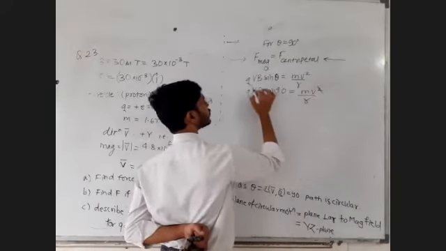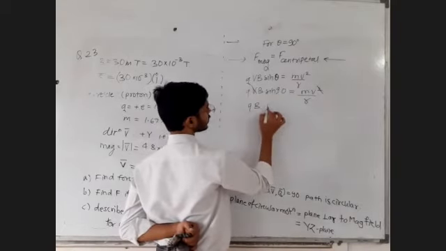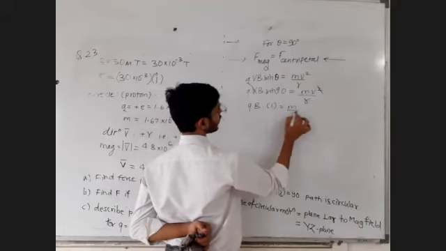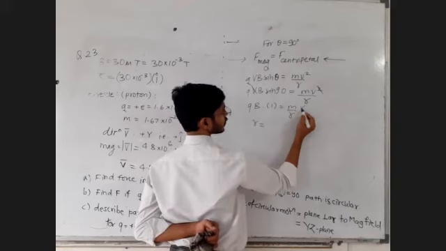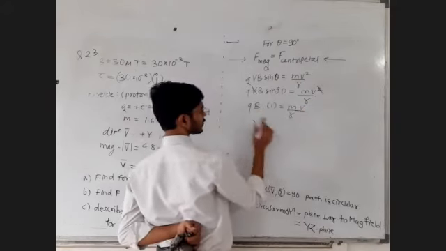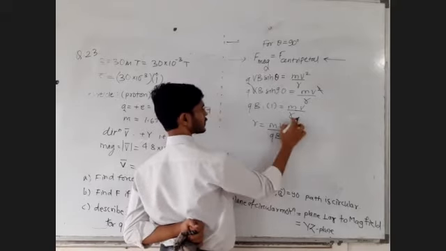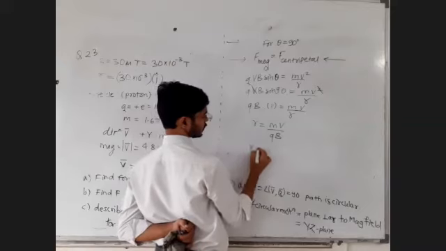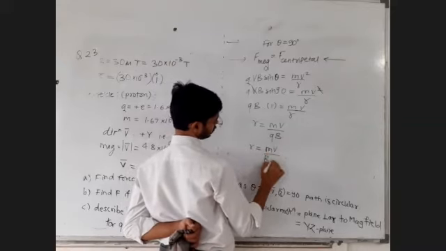V square and v cancel, leaving v. Sin 90 is 1. So R is equal to mv upon qB, taking r on the left side and qB on the right side. I do not like this sequence, so I make it mv upon bq.